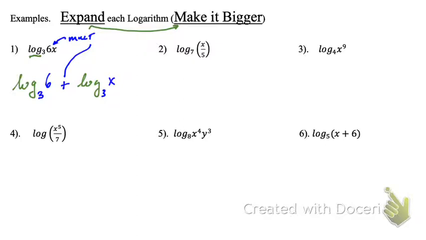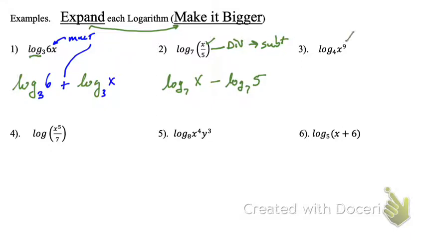If we have a division and we want to make this bigger, then we've got to change it into some kind of a subtraction. What will we be subtracting? A log base 7 minus a log base 7. Well, log base 7 of what? The numerator x minus the denominator 5. So log base 7 of x minus log base 7 of 5.